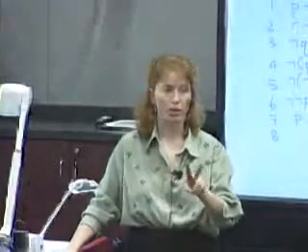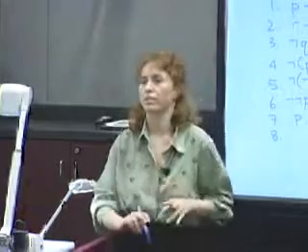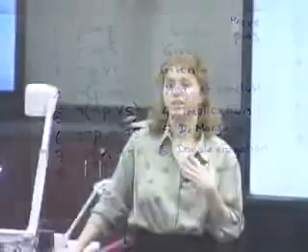So what we're going to do in proof by contradiction is first write down the negation of the conclusion. Then we try to do De Morgan's on it. The next thing we do, and this is what I like about proof by contradiction, is do simplification on this. Do you remember that when we talked about and, if we knew an and was true, that gave us lots of information? If I knew that P and Q was true, then P must be true and Q must be true. So here I know that P and not S is true, so I can write that P is true.